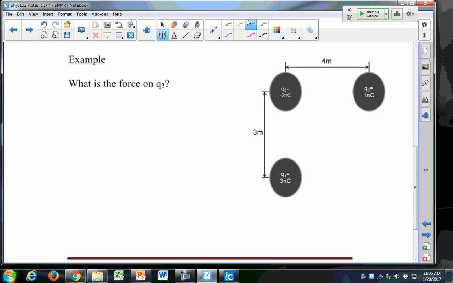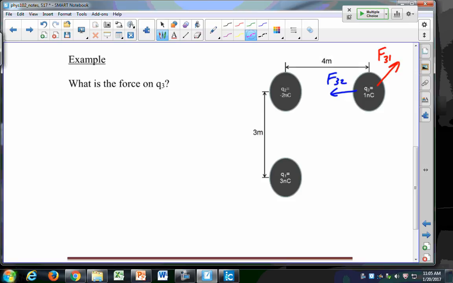It's going to be to the left, attractive, because this charge is negative, this charge is positive. These 2 charges attract one another, so the force is in that direction. I'm going to call that F32. And then I also have F31, which is in this direction. Okay?